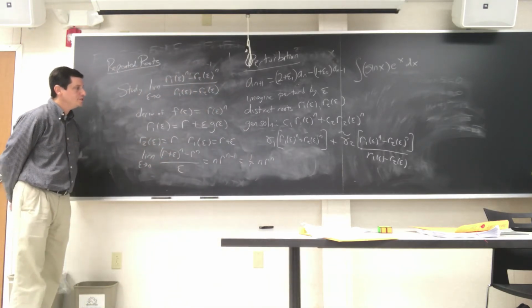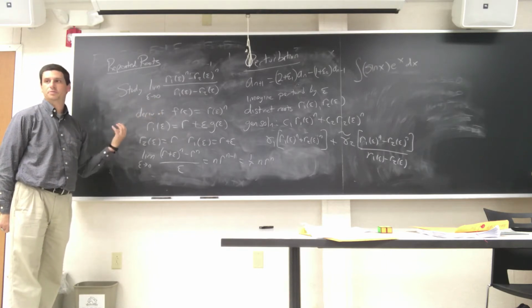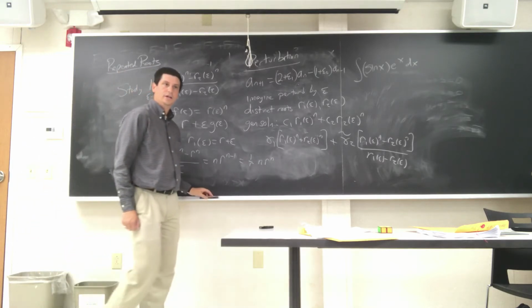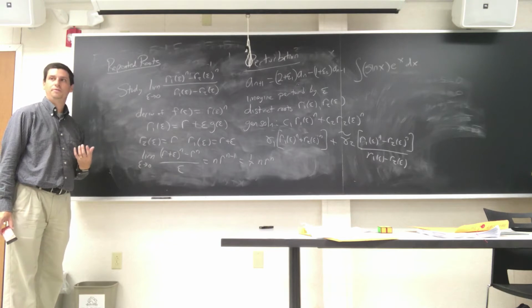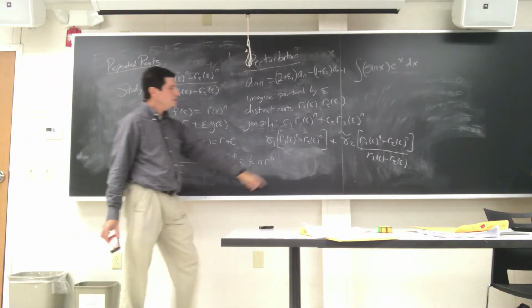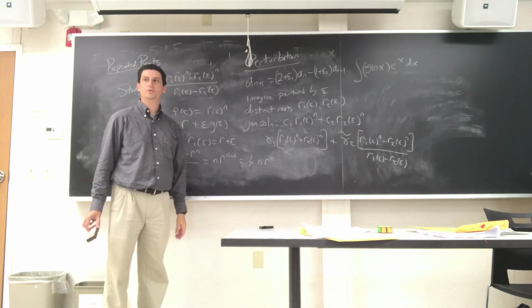So the idea here is I just want to give you some sense of how you can attack a variety of recurrence relation problems. This is the method of divine inspiration. If you have a solution, can you use it to somehow migrate to another solution? And the idea is we had two solutions, R1 and R2, and by looking at the right combination, we have something that has a nice limiting value.